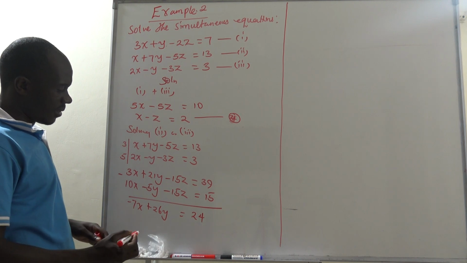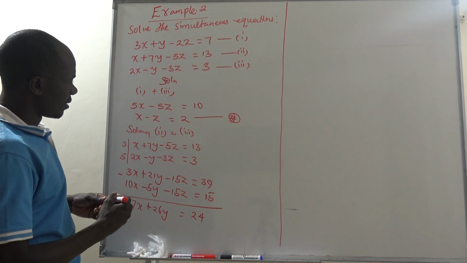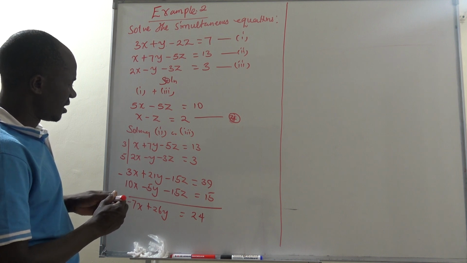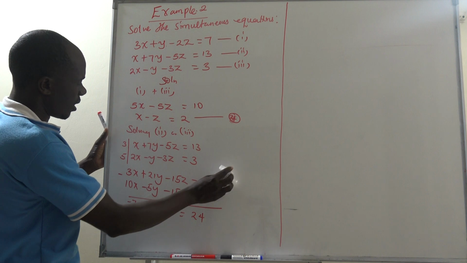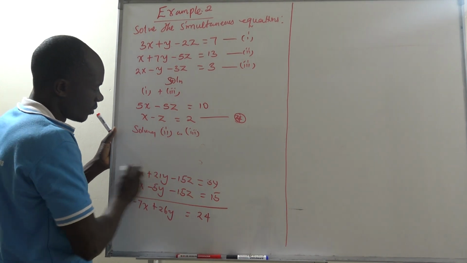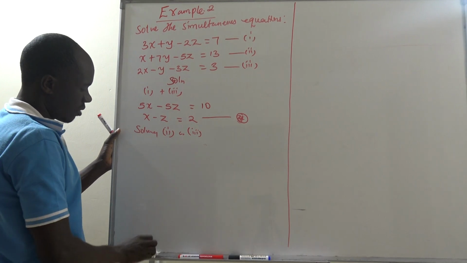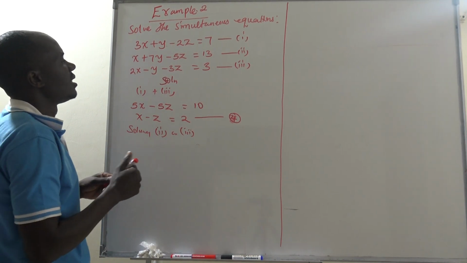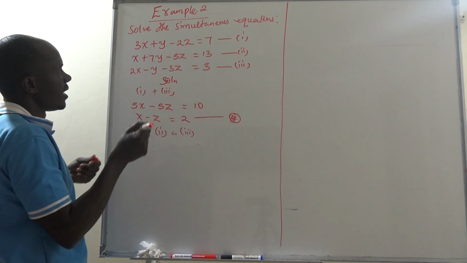So from there, my interest was to eliminate y because I want them to connect on the same variables. So our interest is to have an equation related with x and z. That means from this one I'm going to eliminate y.